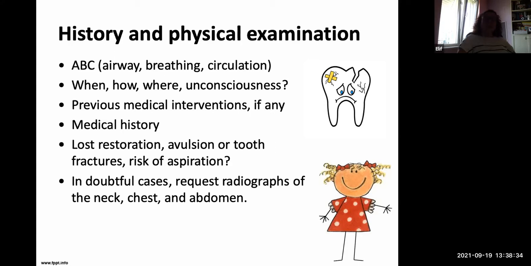We should take the medical history, and any lost restoration, avulsion, or tooth fractures, and any risk of aspiration should be considered. In doubtful cases, we might request radiographs of the neck, chest, and abdomen, especially if we are suspicious about the risk of aspiration.